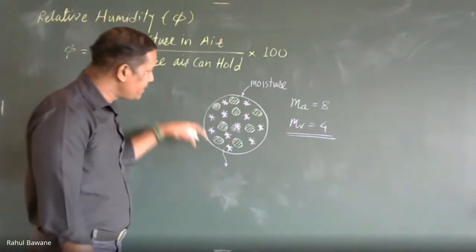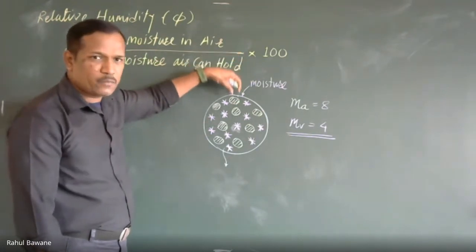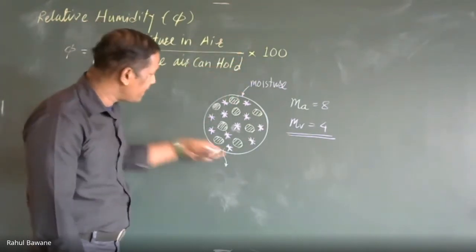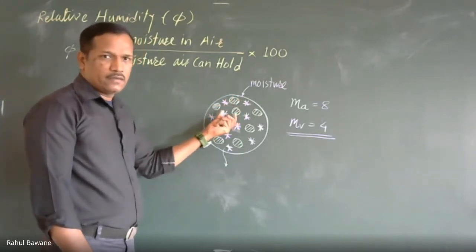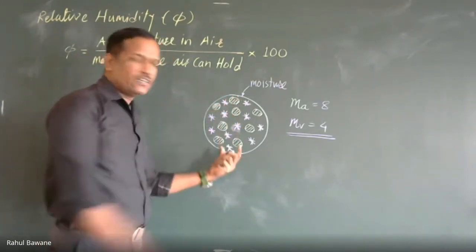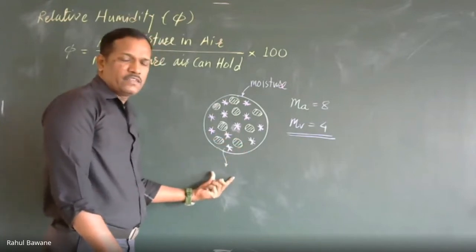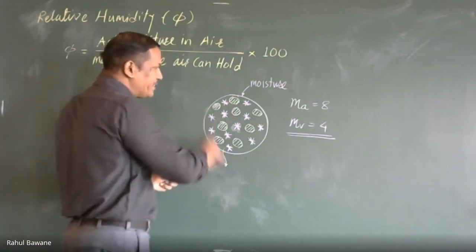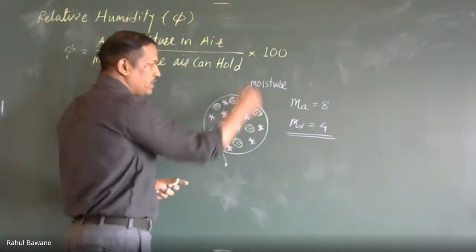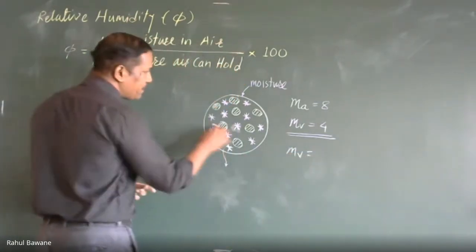So addition of any extra moisture will not remain as a mixture of air and water vapor. It will condense out. When it reached saturation condition, I observe mass of water vapor becomes 11.